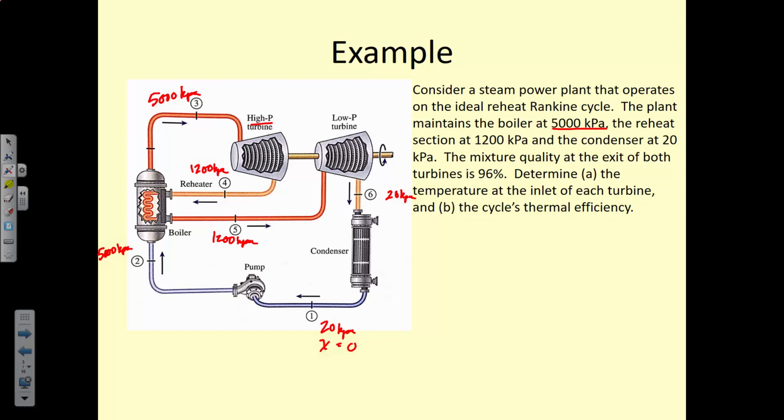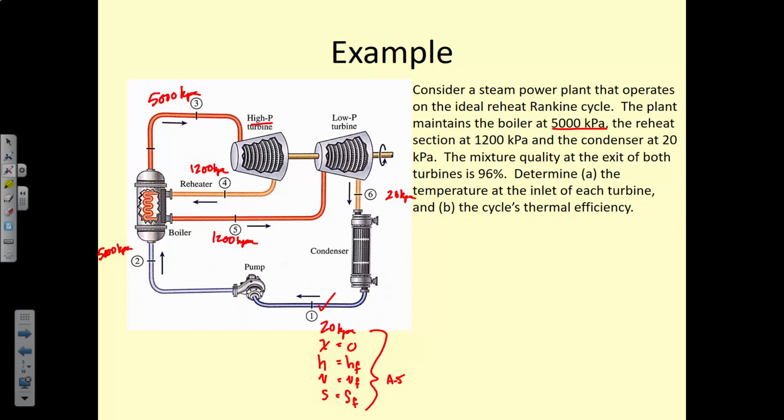Quality is equal to 0, which means that our H is going to be equal to what? H sub F, and V is equal to V sub F, and S is equal to S sub F. Okay, so we can go to the property tables, table A, this is steam, so A5, and look it up. Everything is known. So state 1, check, we know everything.